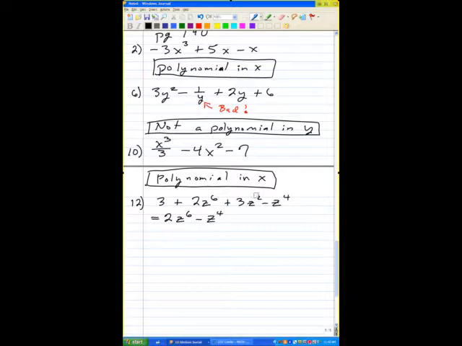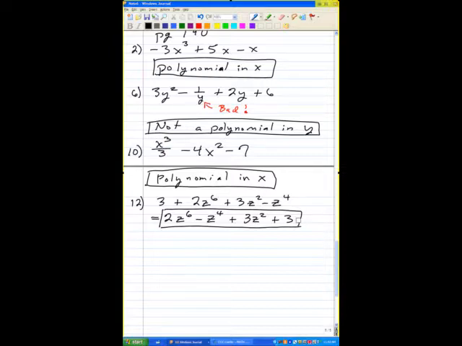Next, I just have a 3z squared, and that has a larger exponent than the constant term. So I'll write that next, 3z squared. And then lastly, I just have the constant term 3. And that is my polynomial written in descending order. So we usually like to write polynomials in descending order, starting from the term with highest degree and going down to the term with lowest degree.